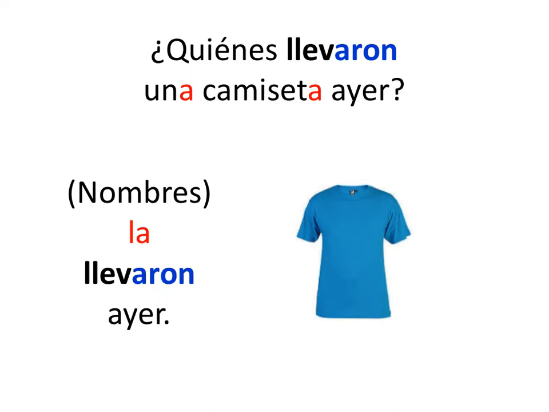Morgan también, ¿no? Ethan, Jake y Morgan. La llevaron. Y miren chicos, la es singular, pero tenemos 3 personas. ¿Por qué la es singular cuando hay 3 personas? Because they're only wearing one shirt.